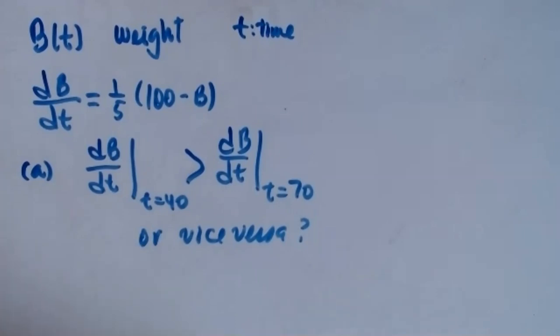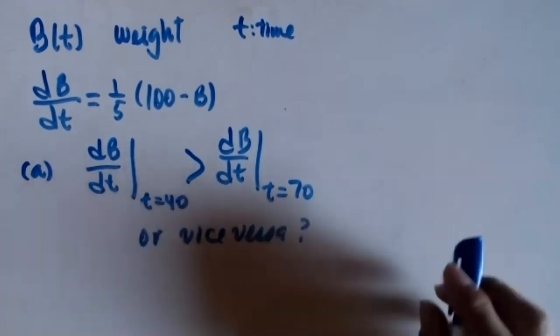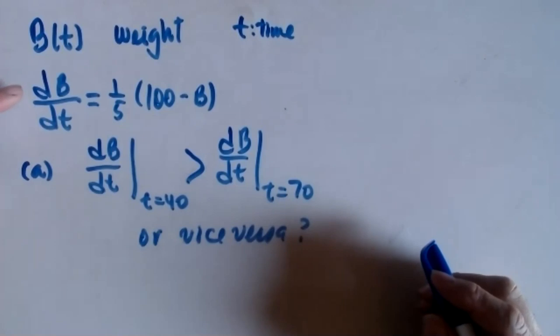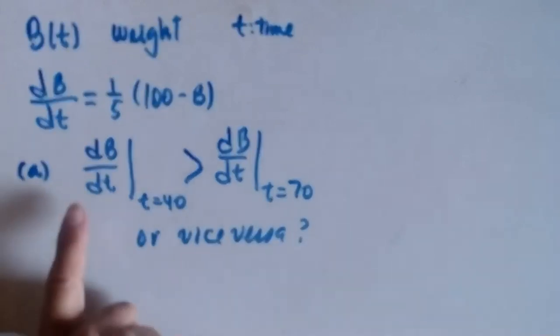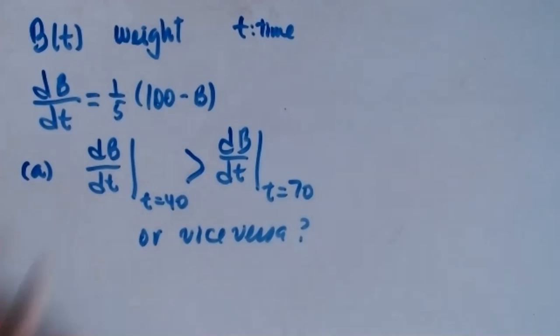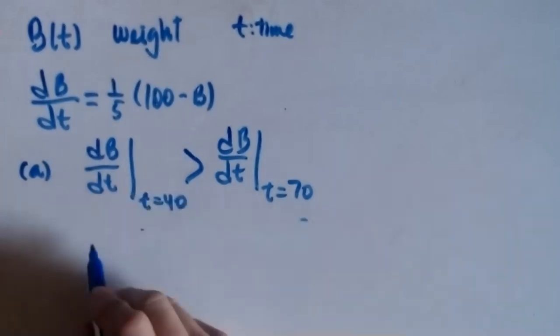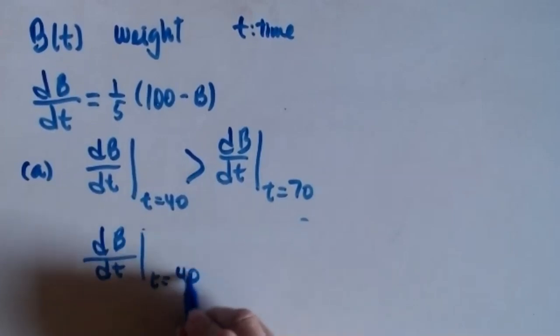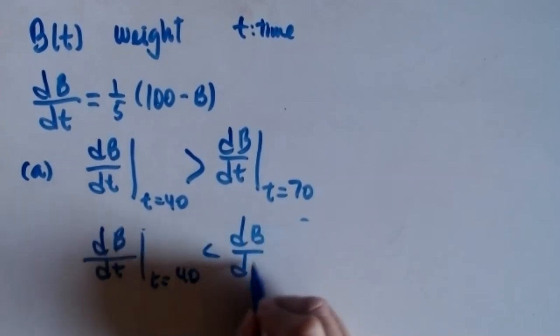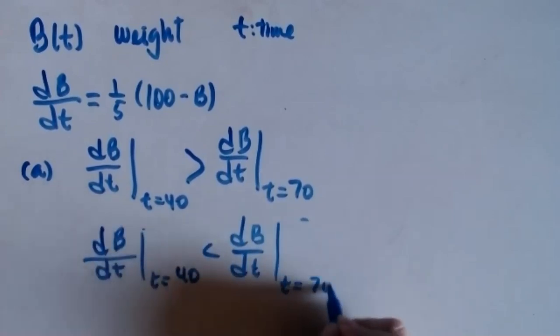This is what we have to prove, because it asks whether the bird gains weight faster at 40 grams than at 70 grams. So what you have to do is compare dB/dt at 40 with dB/dt at 70.